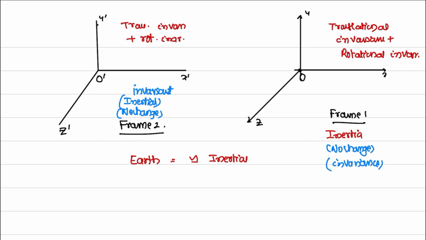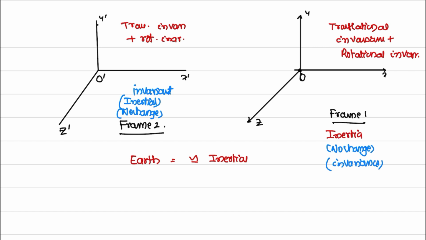Even though the coordinate systems are different, the frames are different, when two frames are inertial frames, that means they are in homogeneous space and also isotropic space, then if something is in rectilinear motion in one inertial frame, the same will be applicable in the other inertial frame.